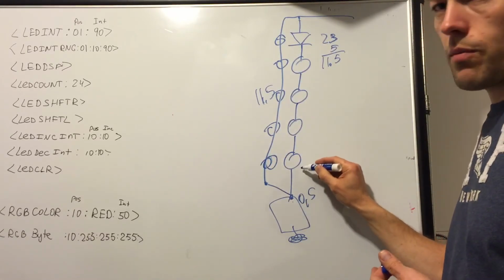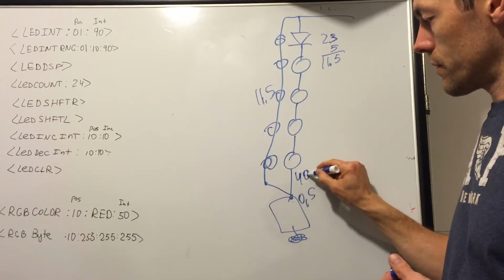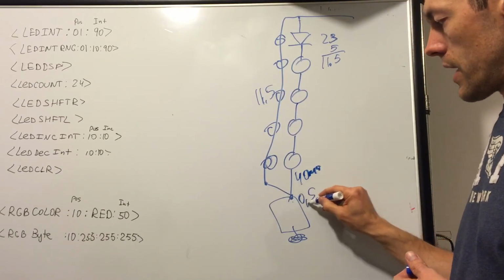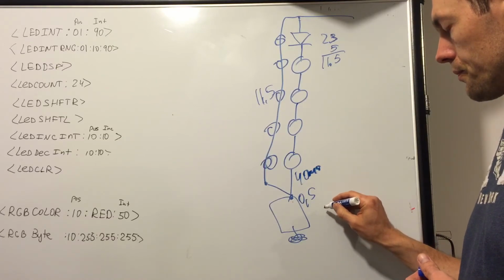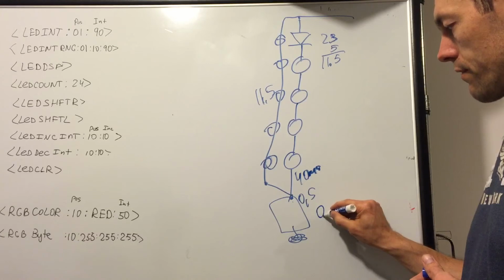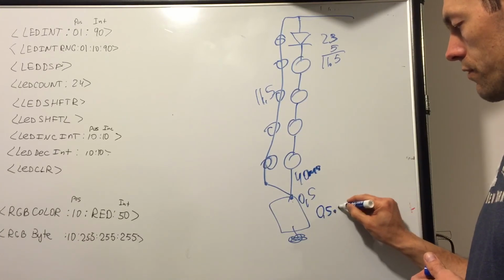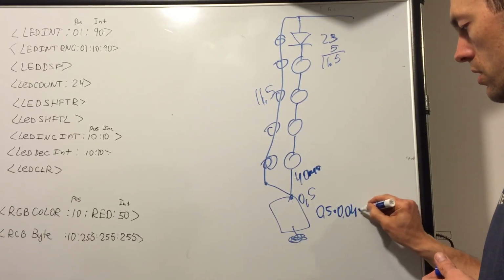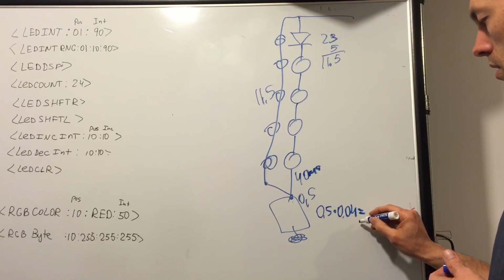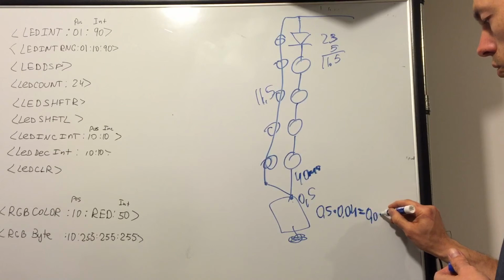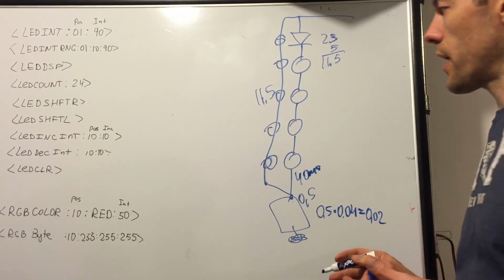So instead of 20 milliamps, you get 40 milliamps, but it's still 40 milliamps and 0.5 volts. So the wattage would be even smaller. If you multiply by 0.04, you're getting only 0.02 watts, almost nothing.